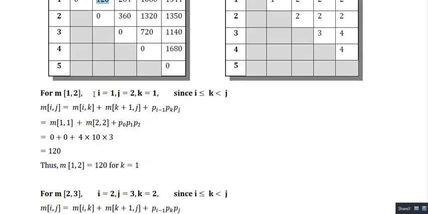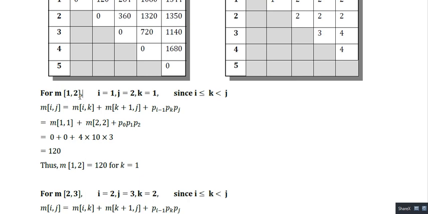If we are writing M12, then i is 1, j is 2, and the k value, as I have told you, is greater than or equal to i and always less than j. So if i equals 1 and j equals 2, what are the possible values of k? Only one possible value, that is k equal to 1, because it has to be less than j, so it cannot be 2.